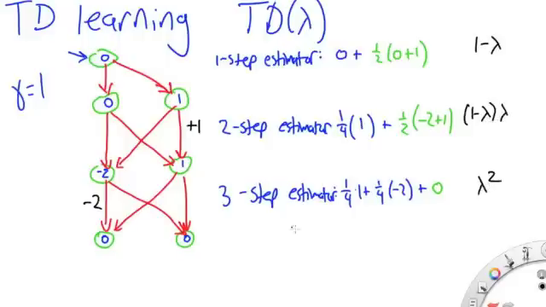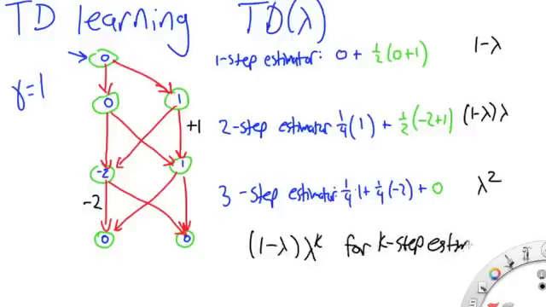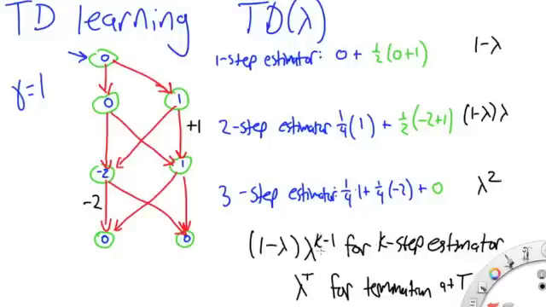And in general, the form is the k-step estimator gets a weight of 1 minus lambda times lambda raised to the k minus 1. And then in this case where there's a finite sequence, you get lambda to the t for that termination step at t. And so what TD lambda ultimately does is it estimates a value by combining each of the different possible step estimates weighted by these different functions of lambda. And you'll notice if you add these weights together, they sum up to 1.